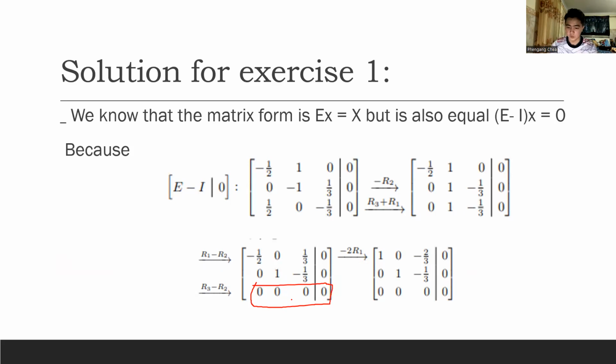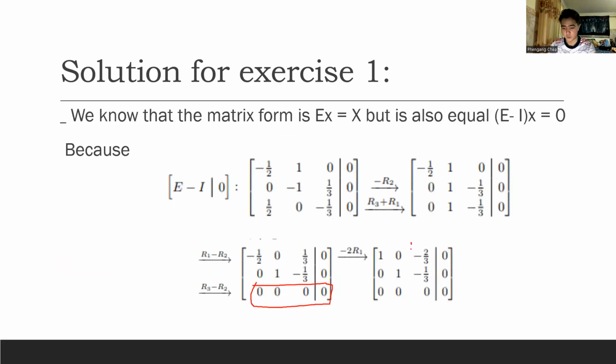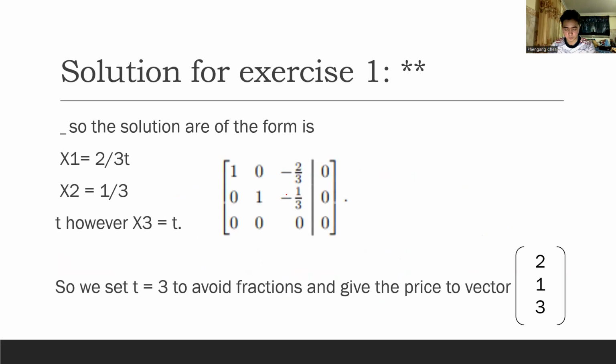When we get the answers, we want this into the I form. Yes, and here is the answer, as you can see. So we need to set t for x3.